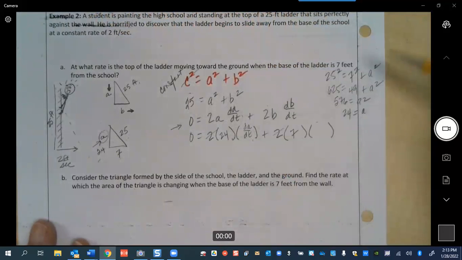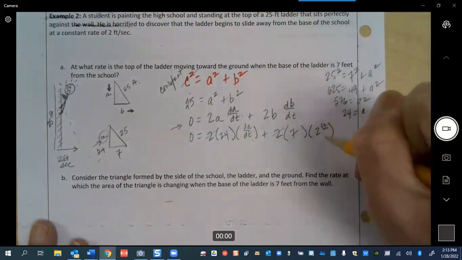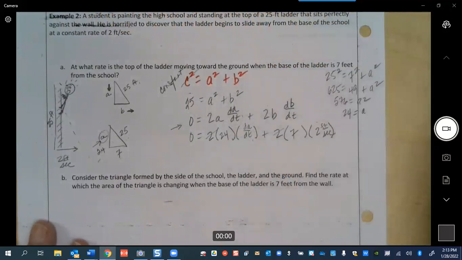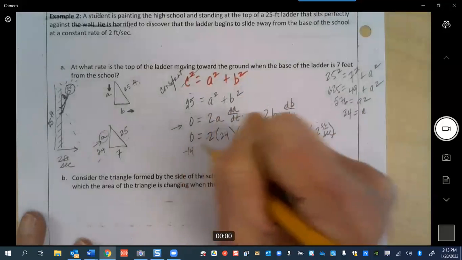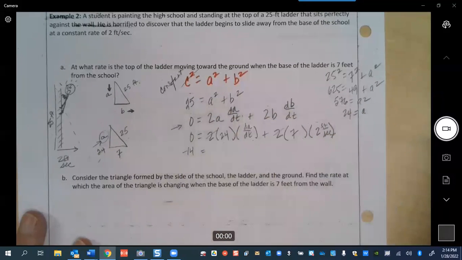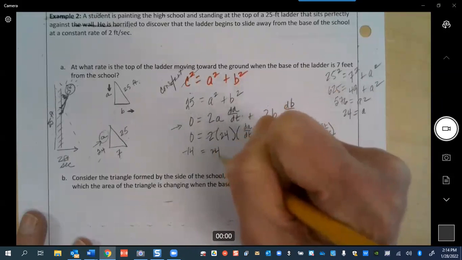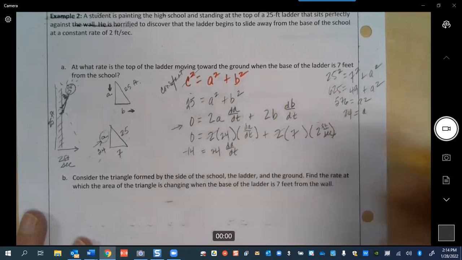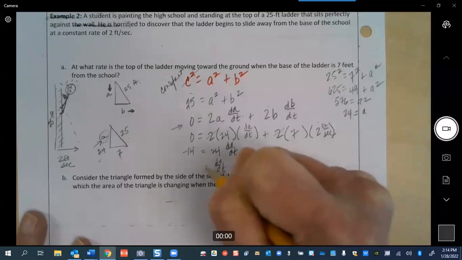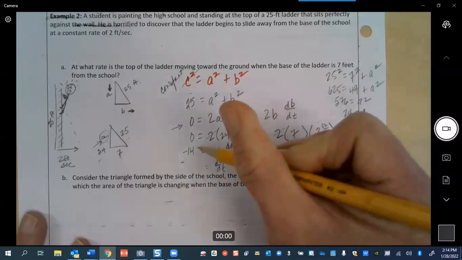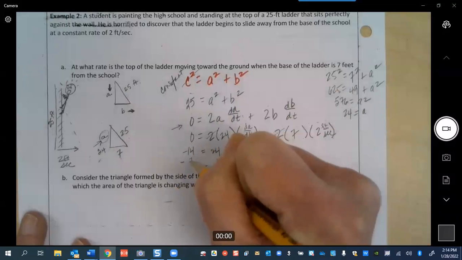And how quickly is it changing? 2 feet per second. So negative 14 is equal to 24 dA/dt. dA/dt is equal to negative 14 over 24. Can I just call that 7/12?